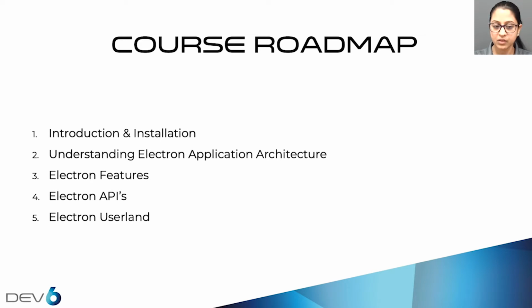Meanwhile, along with these modules, we have some labs designed, and during the entire course we will be making a fully functional Electron app which was named as Shirtastic, and this lab will consist of the environment setup for the Electron development.